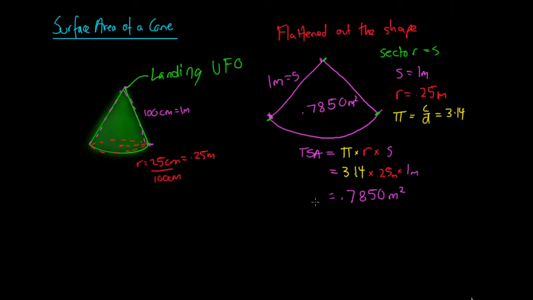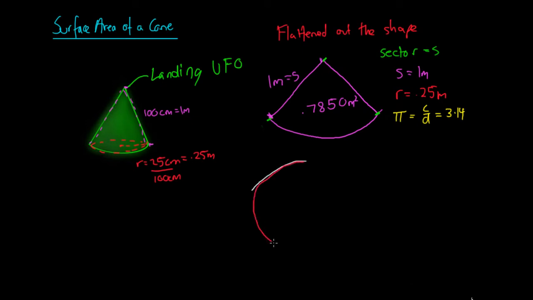Then the next thing we're concerned with is working out the area of our circle, because we said that this shape was composed of two parts: a bottom part and a top part. So we have a bottom circle, and we next want to work out the area of this bottom circle. We know that this circle has a radius of 0.25 meters, and the area of a circle is equal to pi times the radius squared.